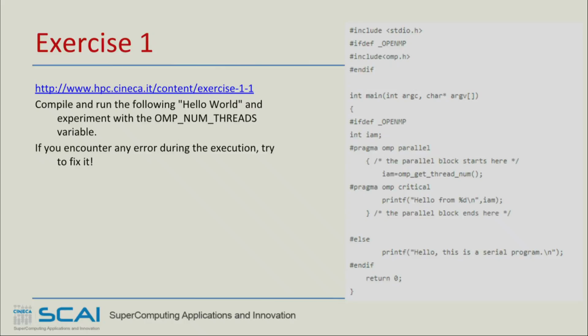What happens is that each thread, in an order that we don't know, puts the value of its number into IM, and then it prints this hello. So you don't know the order of the threads accessing the assignment of this variable. So the result is completely non-deterministic.